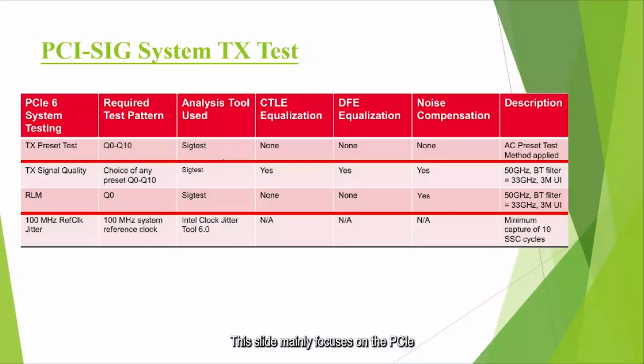This slide mainly focuses on the PCIe Gen 6 system transmitter test items. As mentioned earlier, for presets Q0 to Q10, no CTLE or DFE is applied during these measurements. For signal quality testing, any preset from Q0 to Q10 can be selected.